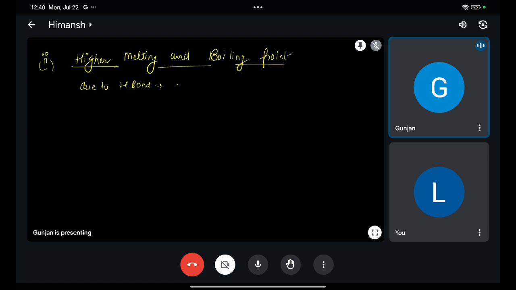Correct, Himansh? Yes, ma'am, correct. If they increase, we can say a large amount of energy is required to break them.